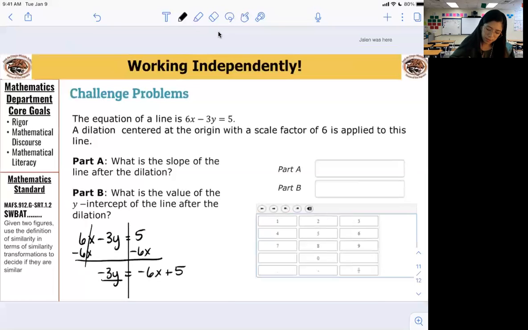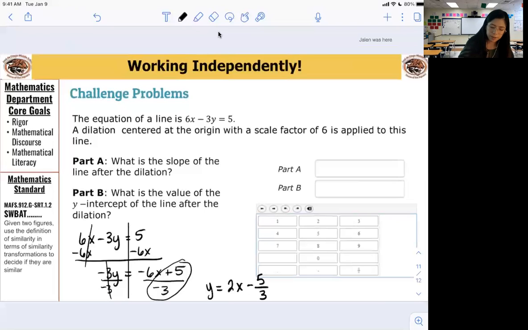Perfect. Okay. When I divide by -3, I end up with y equals, what's -6 divided by -3? 2. And then 5 divided by -3? 5/3. Yeah, we're just going to leave it as 5/3.